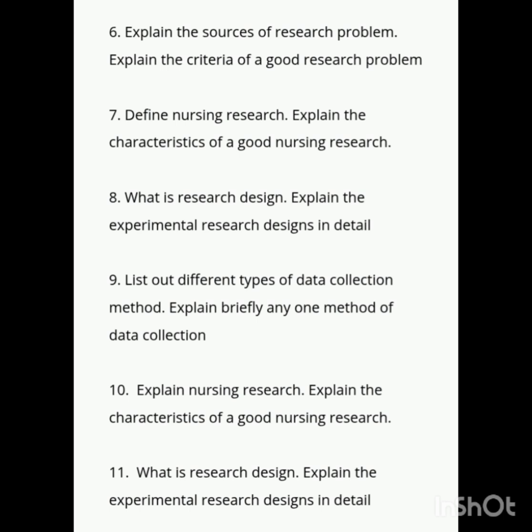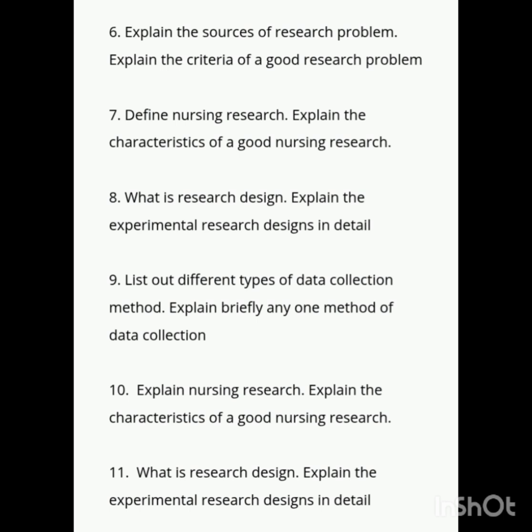Okay, so here are the criteria of a good research problem, which include clarity and precision, that is, it should be easy to understand. Okay, and relevance and significance, and methodological rigor, that is nothing but the methodology should be well planned, and ethical considerations, that means you have to get approval from the relevant authorities.